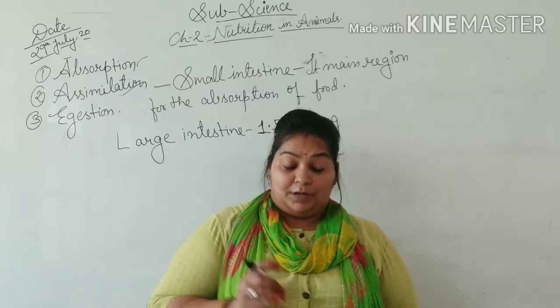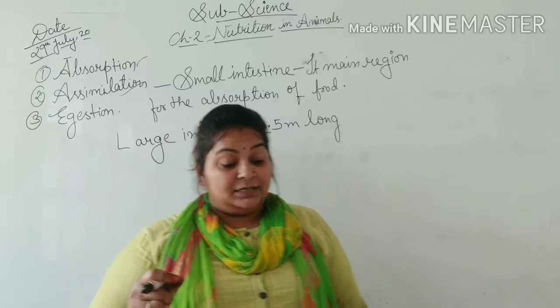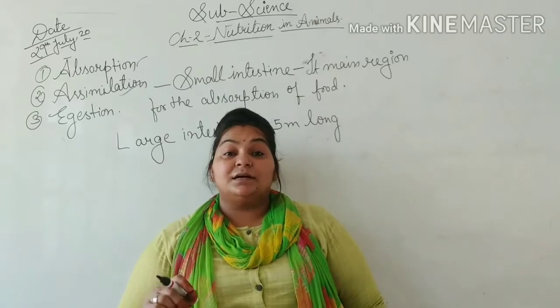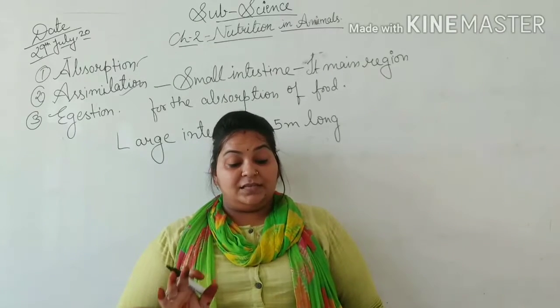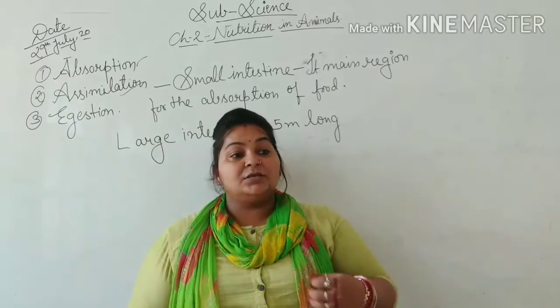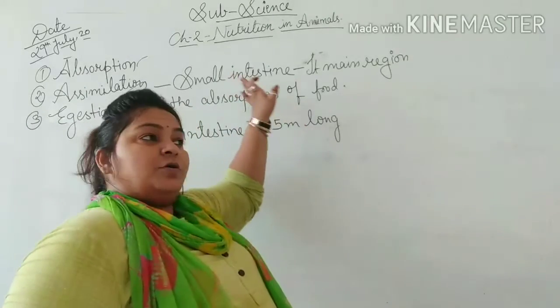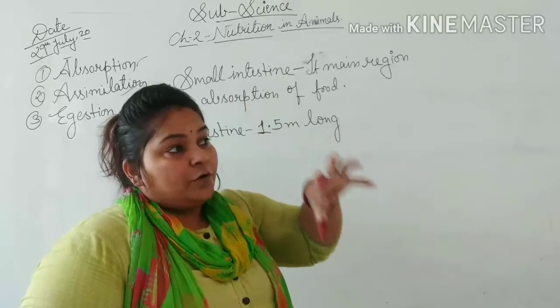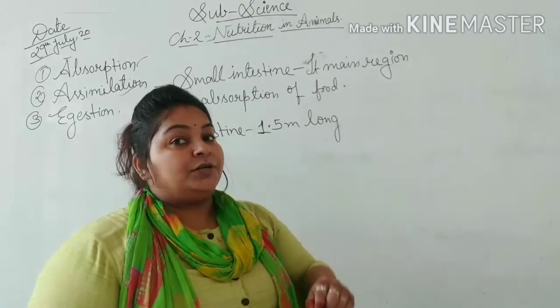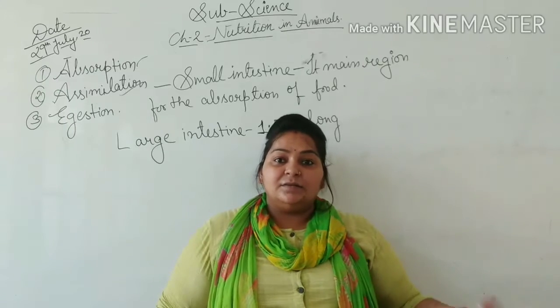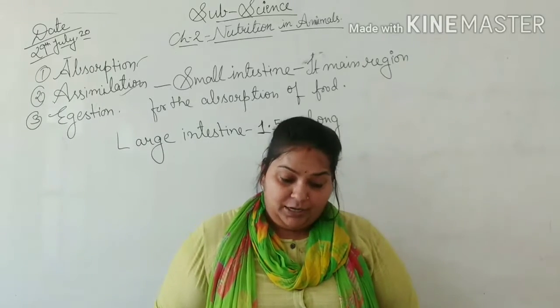And here, what happens? The large intestine removes most of the water and certain salts from the waste by absorption. So the main absorption happens in the small intestine, but from the waste also, water and some salts are absorbed in the large intestine and used in the body itself.